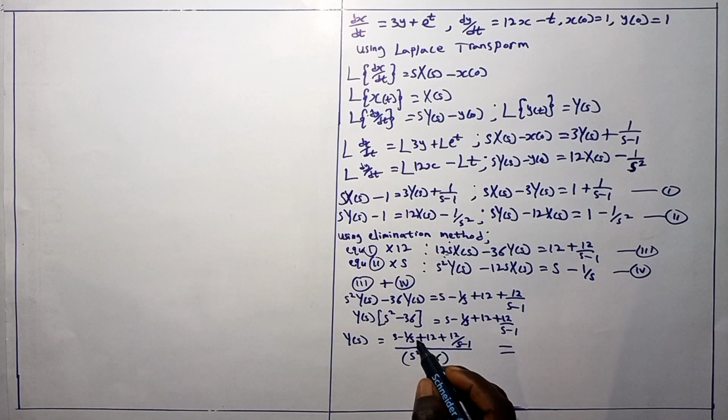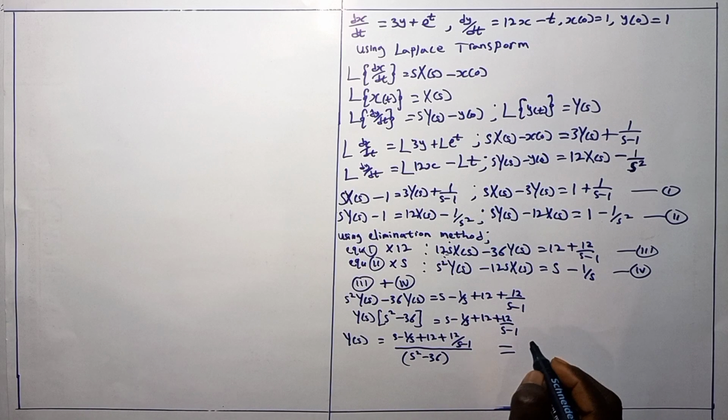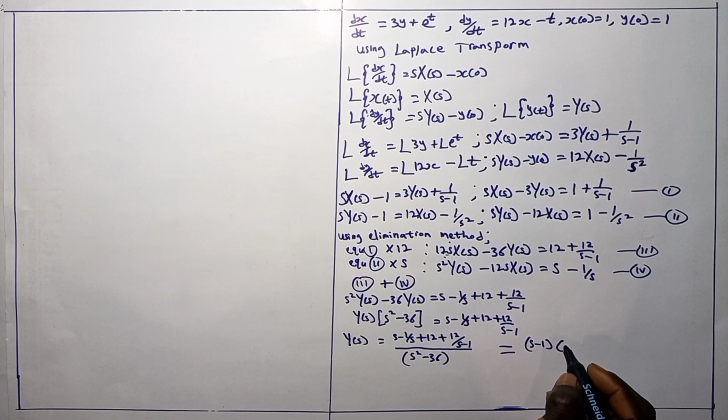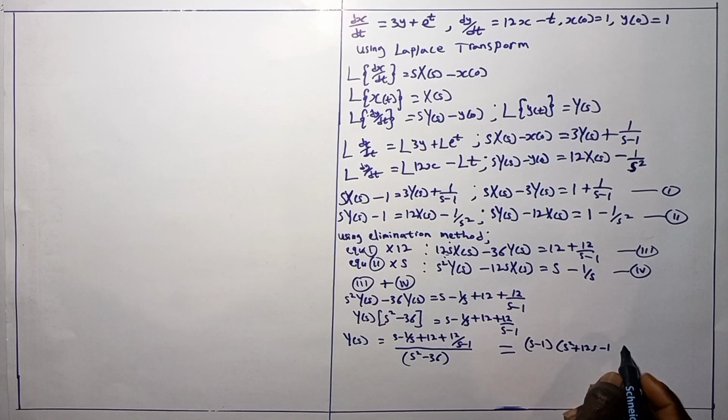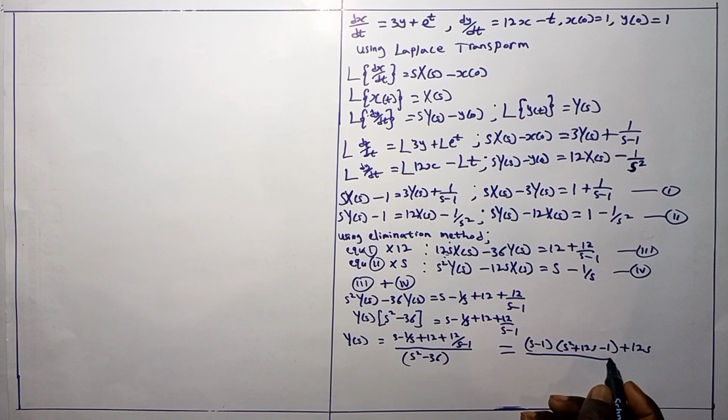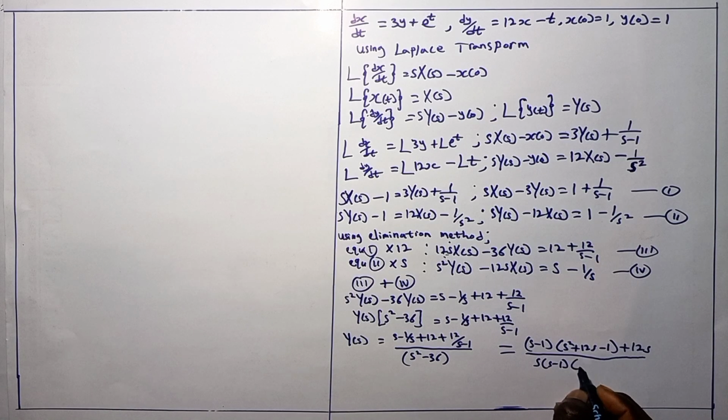So now let me try to simplify this further and break it down. We have s minus 1 over s squared plus 12s over s minus 1, all over s squared minus 36.